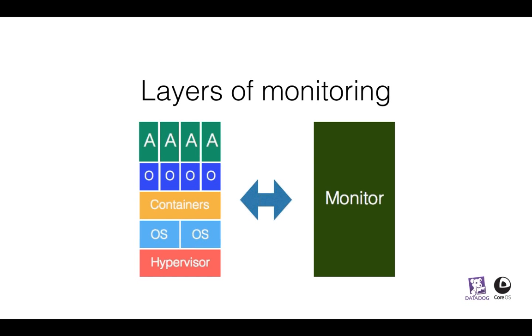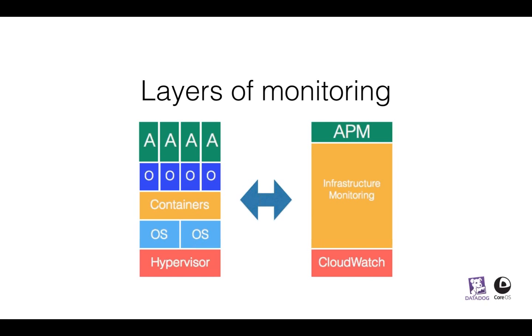So you want to monitor everything, and you want every layer to be covered. You've got some current tools that may already provide some of this. CloudWatch can look at the hypervisor, and it's got some visibility up into the OS and maybe into the containers. And your application performance monitoring system covers the top of the apps, and it may extend down a little bit.